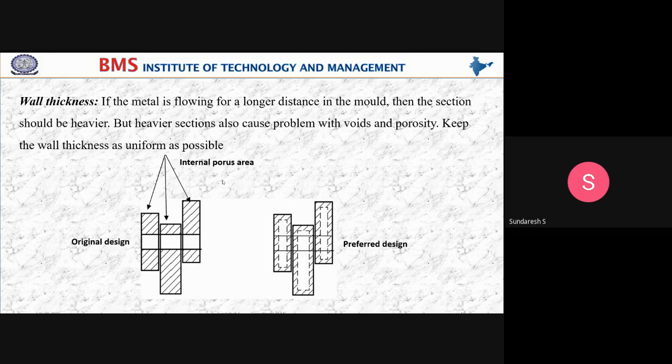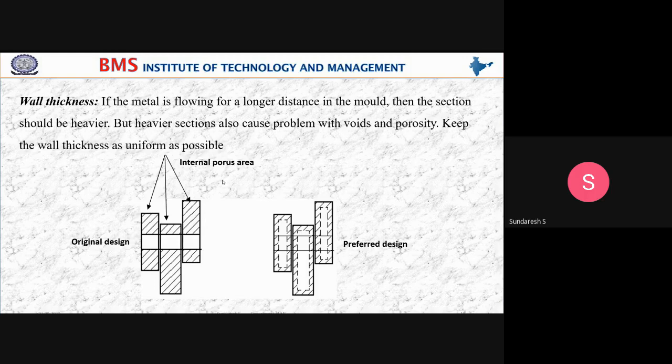What they're saying is, if the metal is flowing over a period of time, we will think that the section will become heavier. But heavier sections will also cause problems with voids and porosity. This is a very major problem with castings. So keep the wall thickness as uniform as possible.